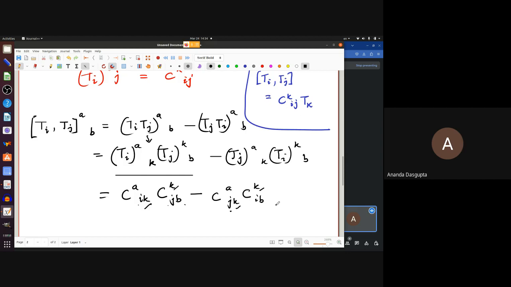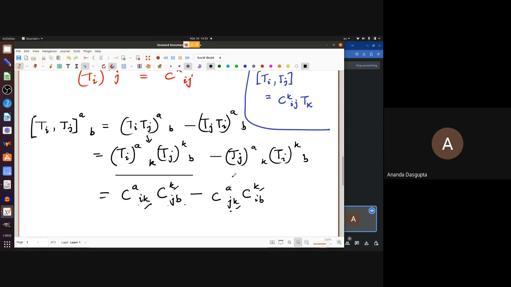Whenever you have two products of pairs of C's, the Jacobi identity. Yeah, but to use the Jacobi identity, what you need is IJB. Remember, the Jacobi identity would mean cyclically permuting the three lower indices which are free, not the dummy ones. So not K. K will stay where it was. That's already there. And the upper index A also stays where it was. You don't tamper with them.